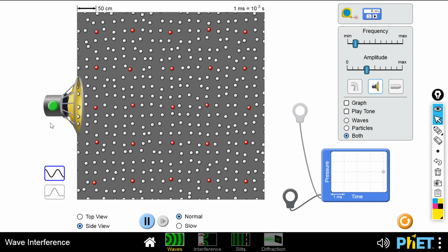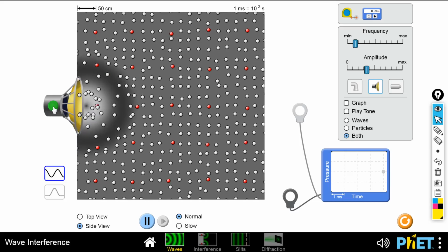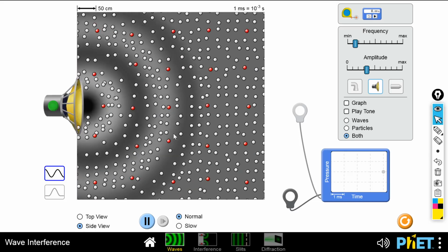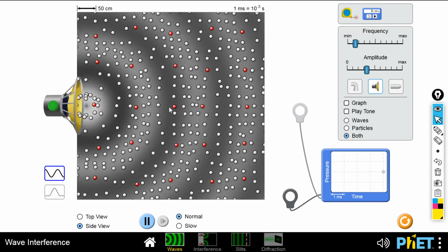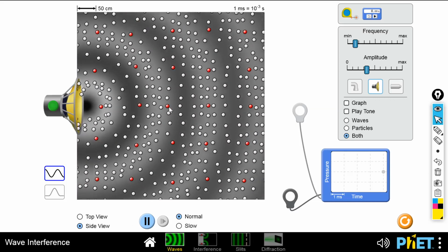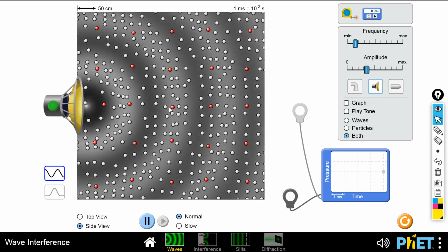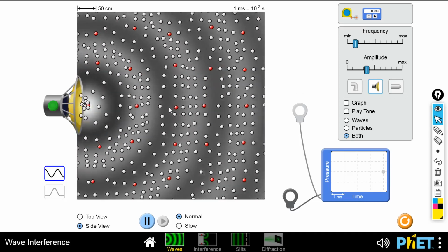So if we start this up again and follow just one little red dot here, you can see that it moves to the right, then gets snapped back, maybe overshoots, and repeats the whole process over and over.